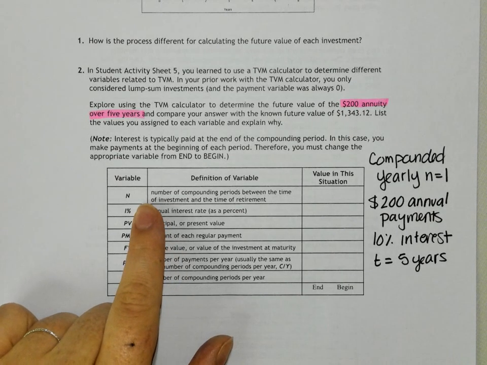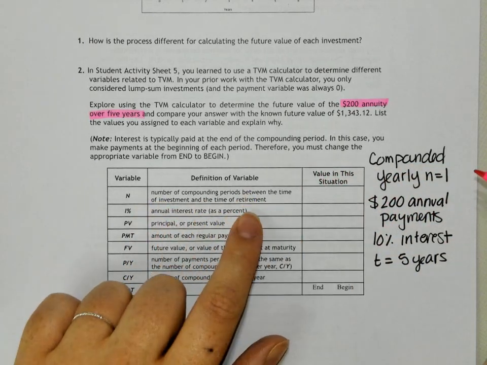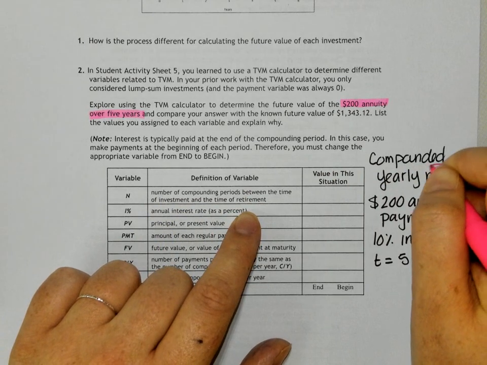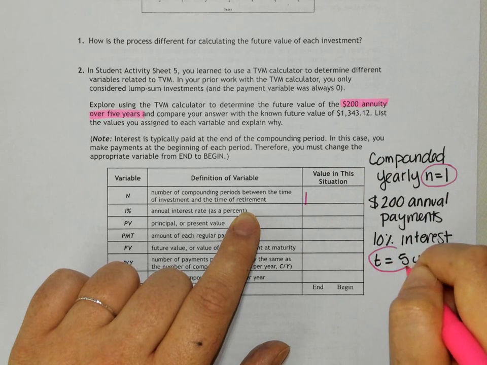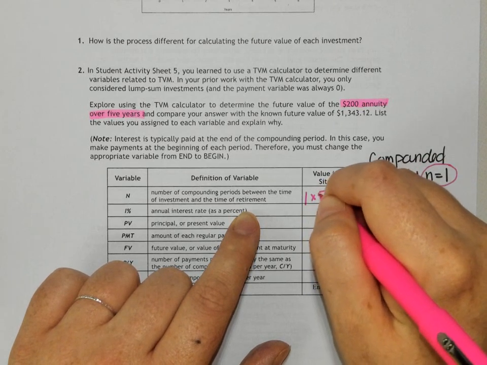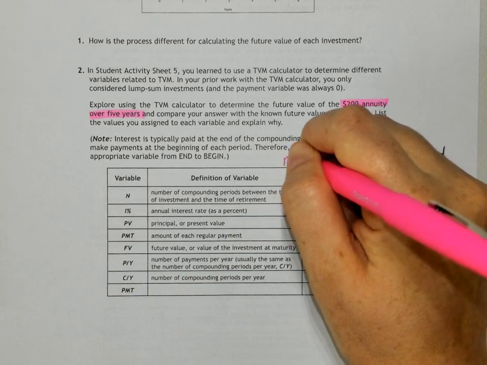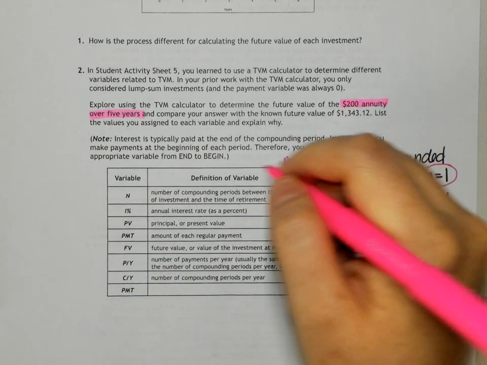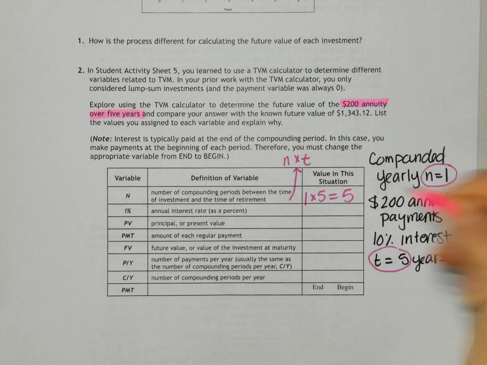Capital N stands for the number of compounding periods between the time of the investment and the time of retirement. So it's compounded yearly for 5 years, and you multiply those two things together. It's your lowercase n times t, which, of course, 1 times 5 is just 5, so that one's easy.